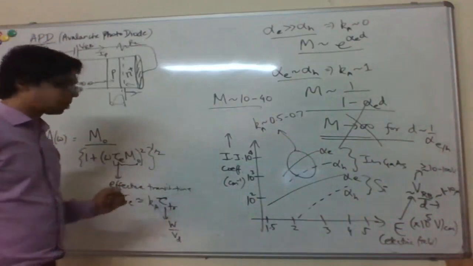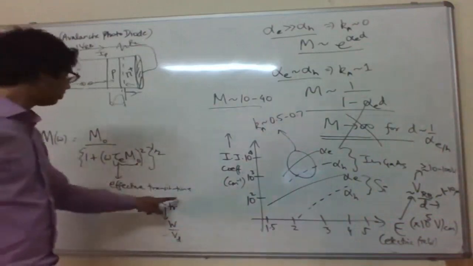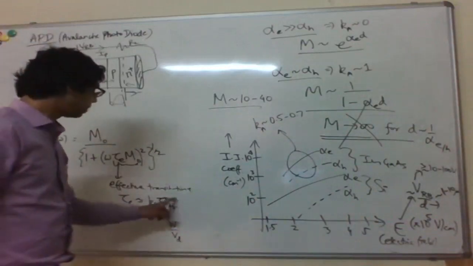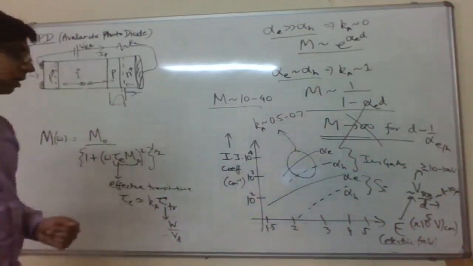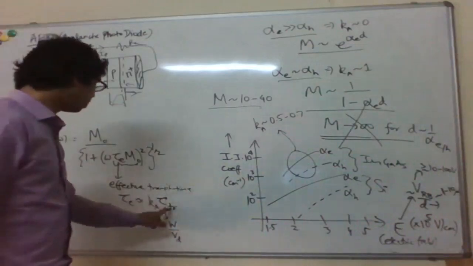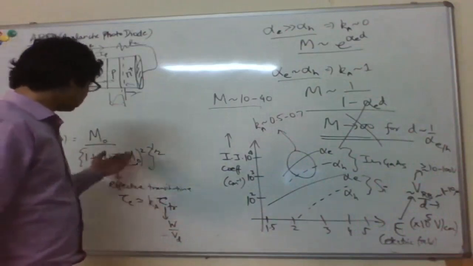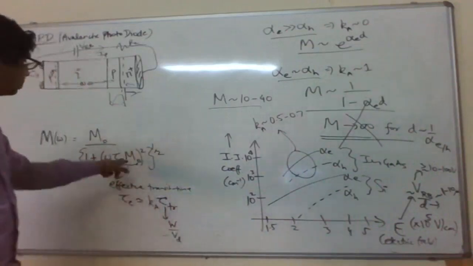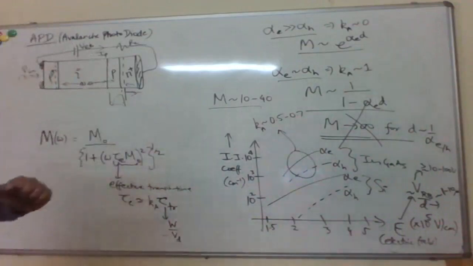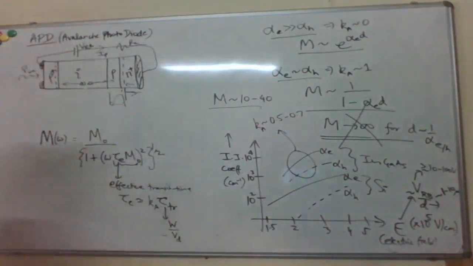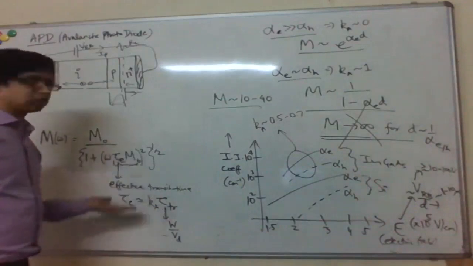Let's ignore the RC time constant for a minute. If the transit time is the limiting factor which determines the bandwidth of the pin photodiode, for the APD that's much worse, because of this slowdown in the transit time because of the multiplication.